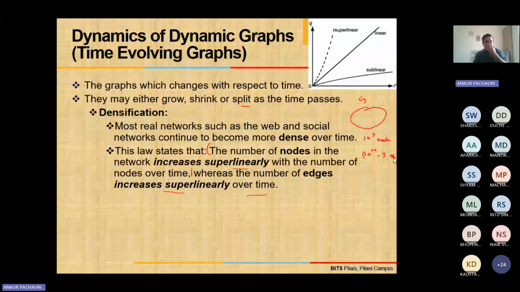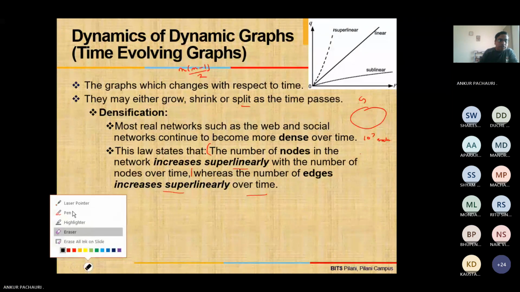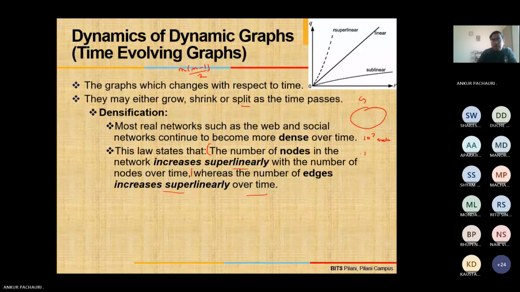Ideally, if I say my graph is complete, just by using that n into n minus 1, if it is undirected, then divide by 2. So it is equivalent to roughly 10 to the power 15, or 10 to the power 14 somehow, but it is not 10 to the power 7 minus 1.